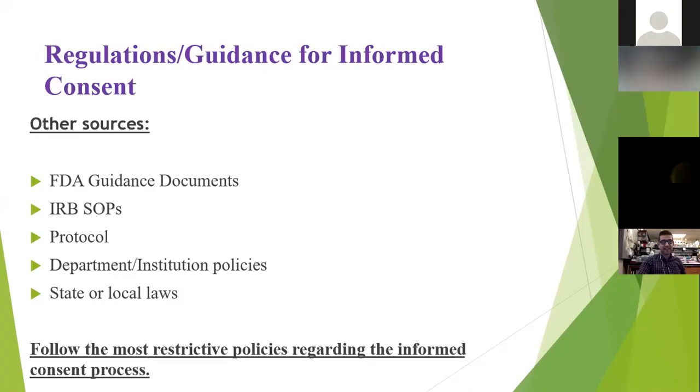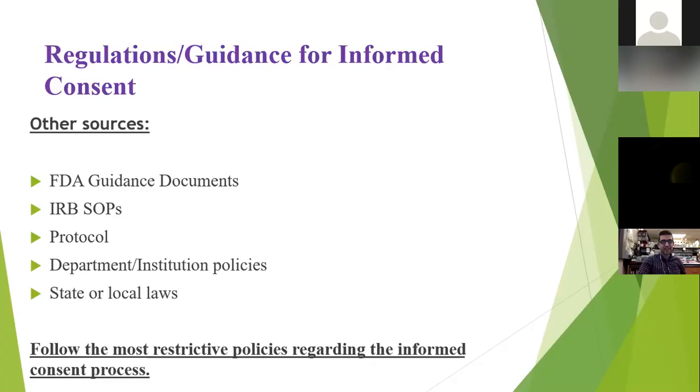The FDA has numerous guidance documents that can be found on their website. IRB SOPs give us direction. If you have a sponsored protocol, most of the time those will have a section about how informed consent will be obtained. Departmental and institutional policies may be available at your institution. And then there are also state and local laws.